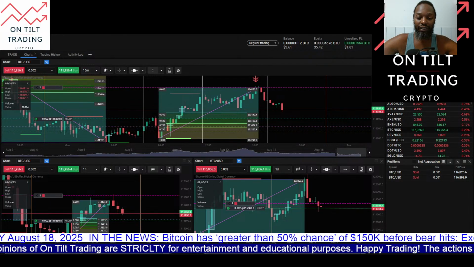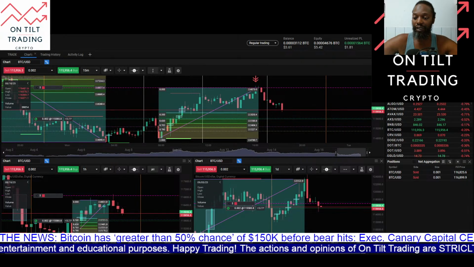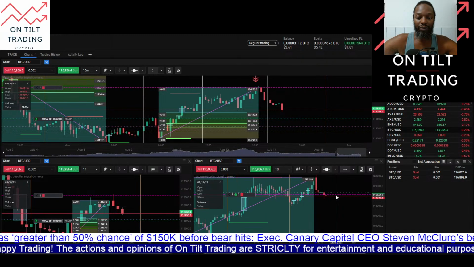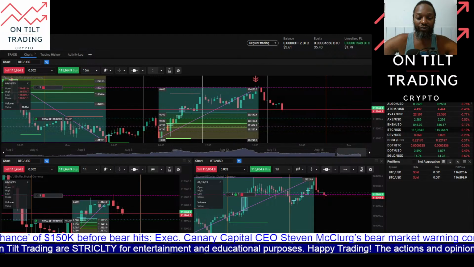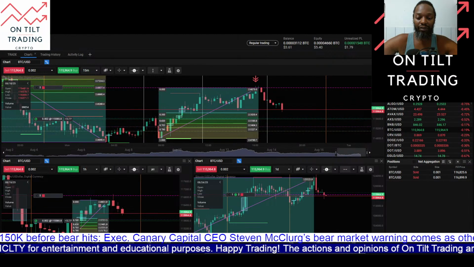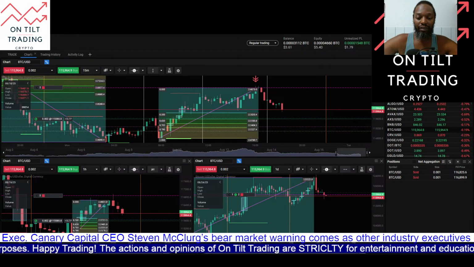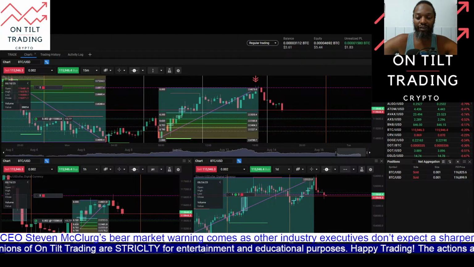First here on the daily chart, may be difficult to see now. Let me zoom out. Because it's right in line with the Fibonacci retracement, it may be tricky to see, but there's a red line right here. That's a liquidity level from last month here on the daily that was swept here.